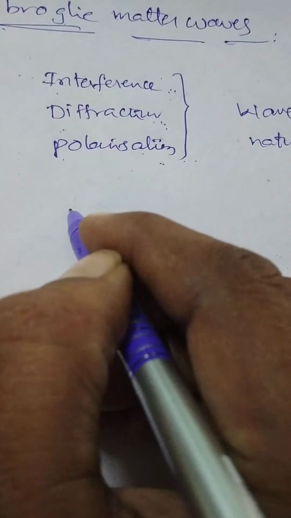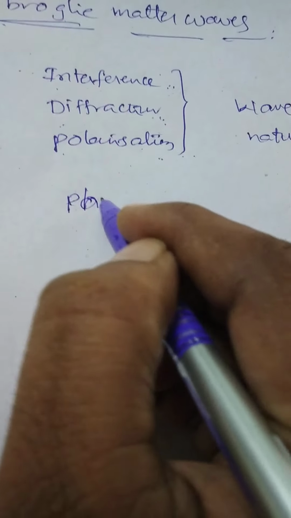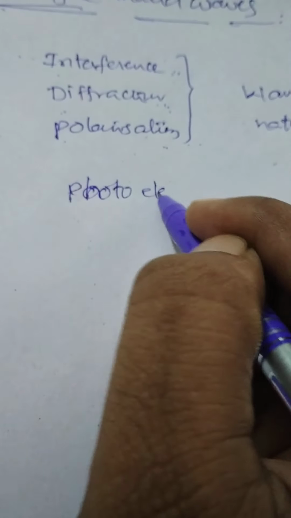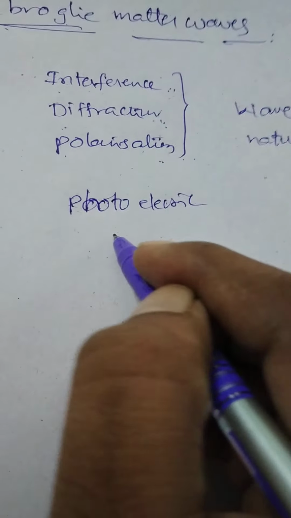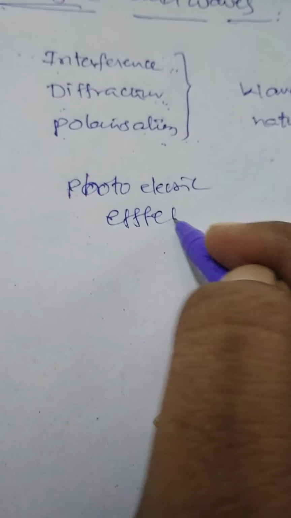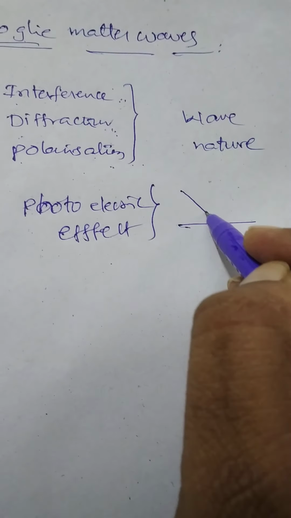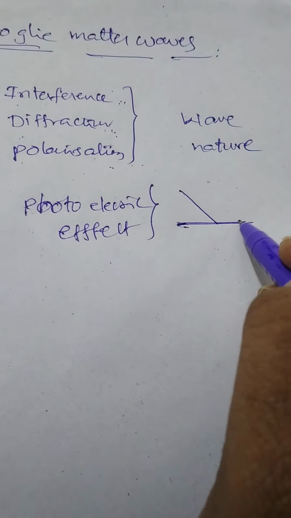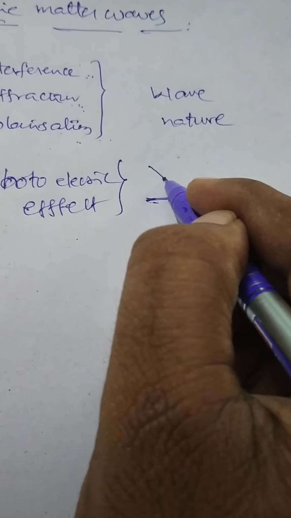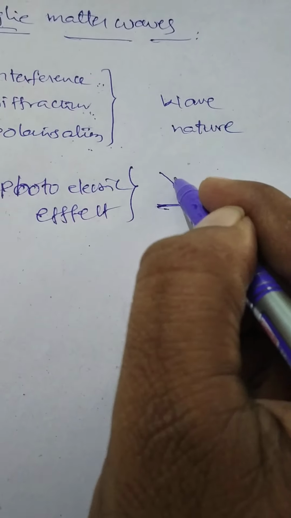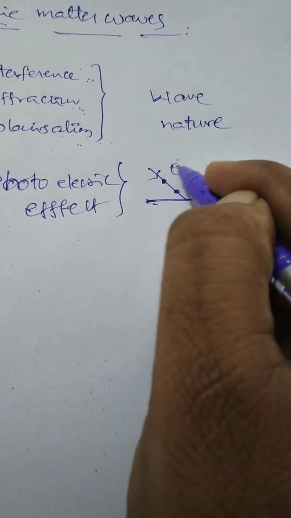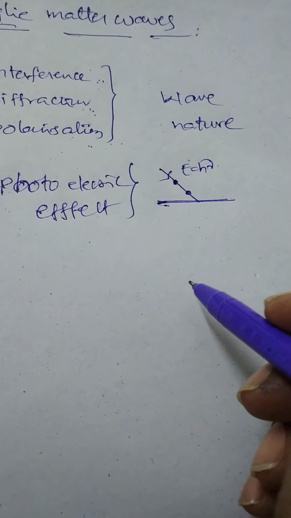But in the case of the photoelectric effect, when light of sufficient energy is made to be incident on the photometal, it is incident in the form of photons, and the energy of each photon is equal to h nu.